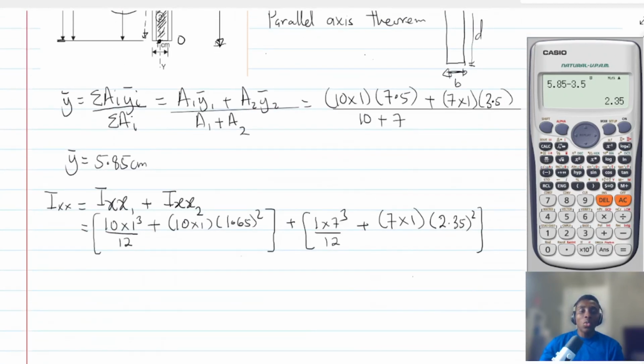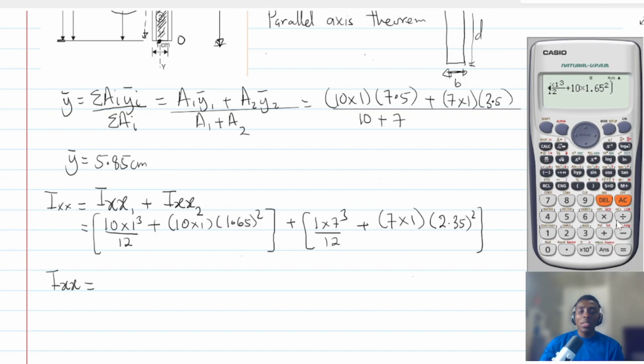So now that you have the I's, let's add everything together. That will be 10 multiplied by 1 cube divided by 12, plus 10 multiplied by 1 multiplied by 1.65 squared. That is the first part.